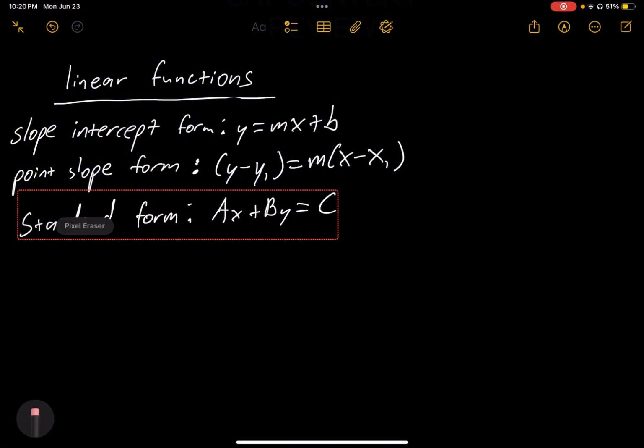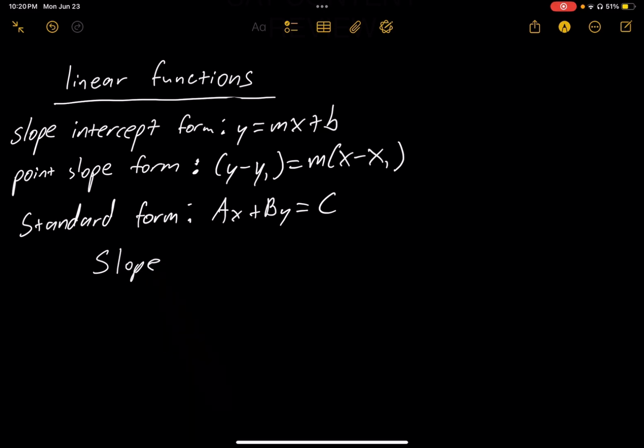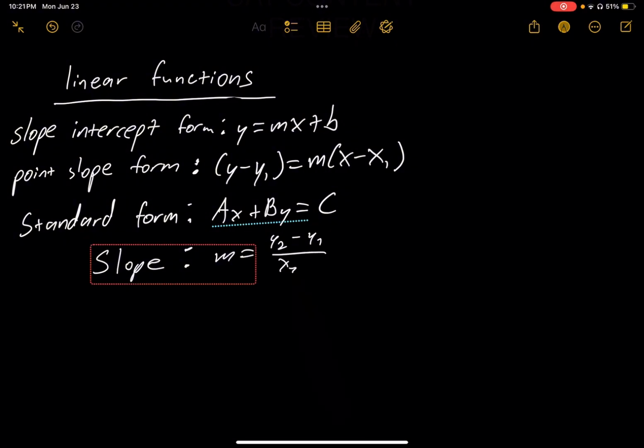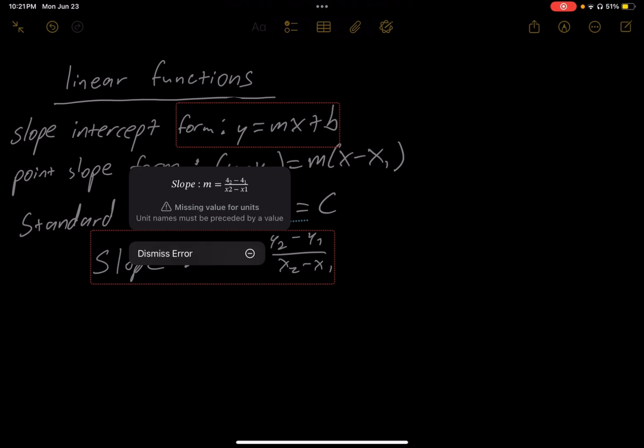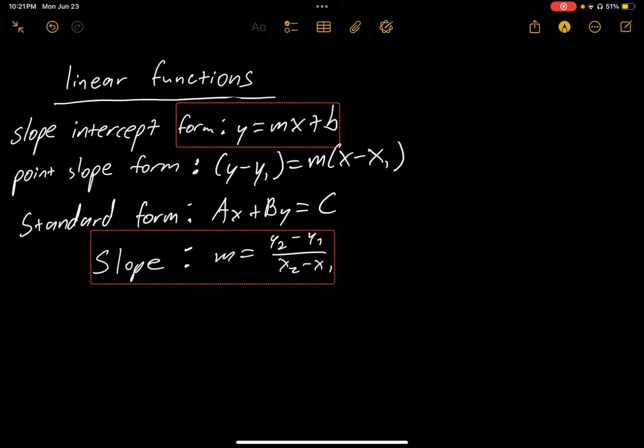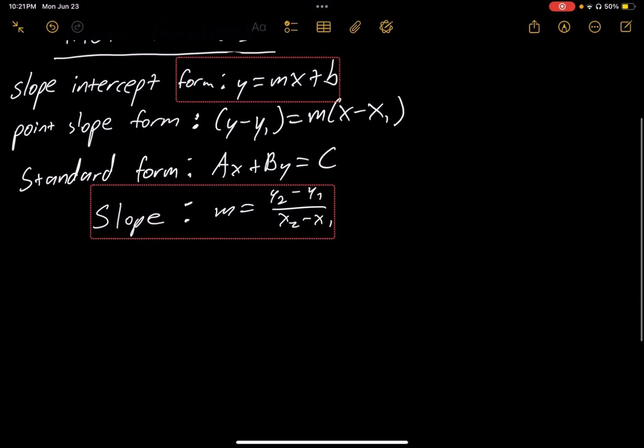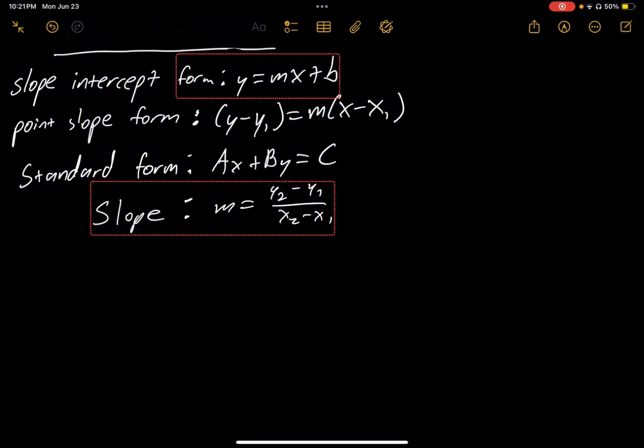And last but not least, our formula for slope, which is m is equal to y2 minus y1 over x2 minus x1. We've used this one almost every day on the channel, which is very significant if you're going into the SAT.